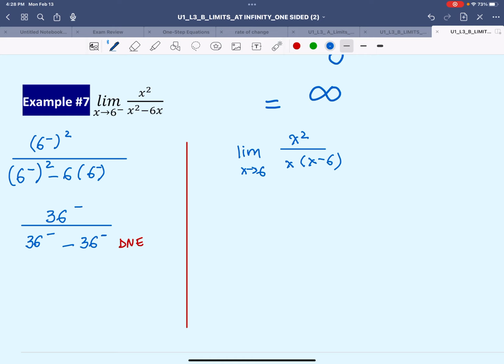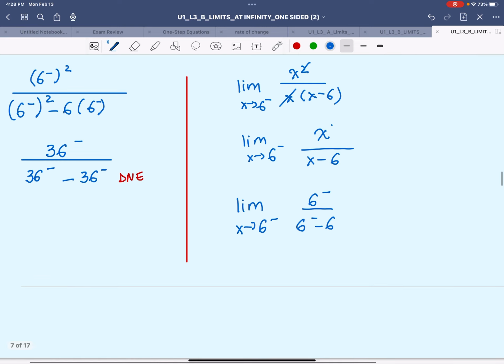So what we get in here is the limit as x approaches 6 minus of x over, so obviously we are simplifying this, x minus 6. And here we go again, we have x approaching 6 minus, and here we get 6 minus over 6 minus minus 6. So let's continue on.